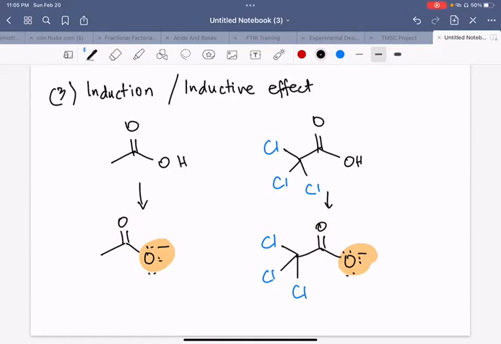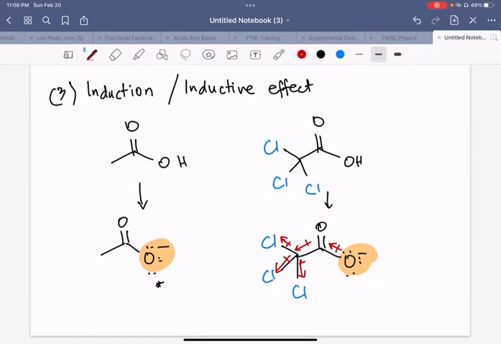So what happens is that, in reality, this oxygen is lower in terms of electron density as compared to this one. Why? Because of the presence of these three chlorine atoms, which pull away electrons towards themselves. Here, there is no inductive effect.